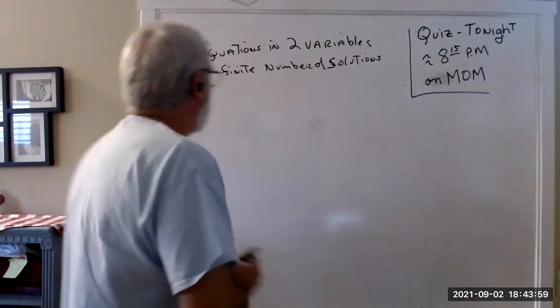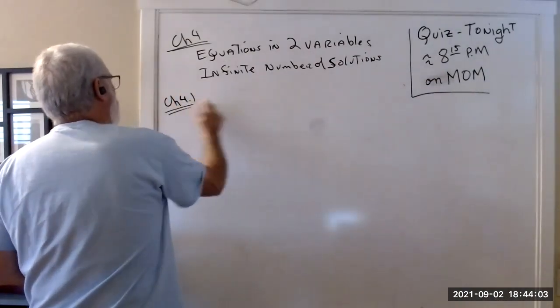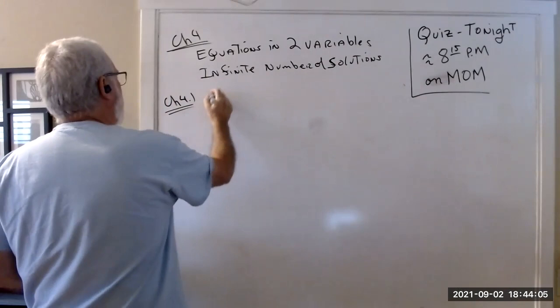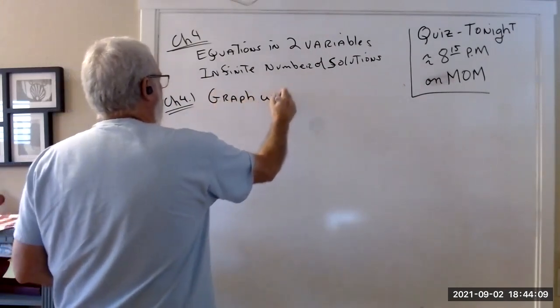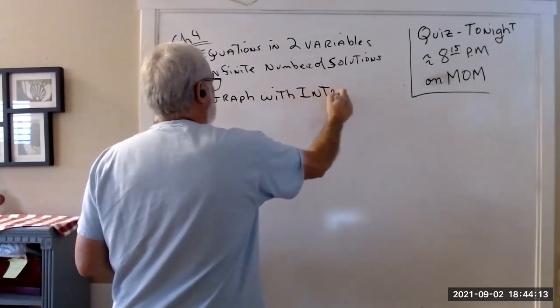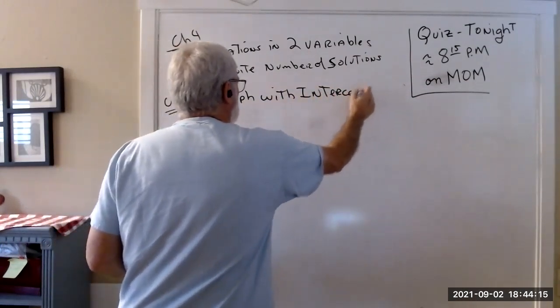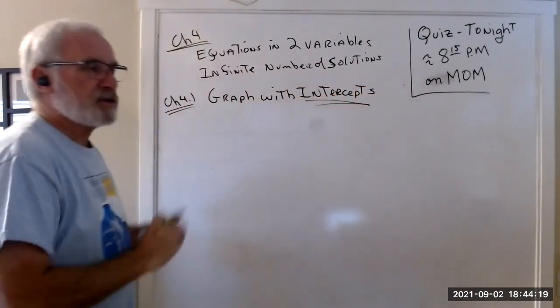Yeah. In chapter 4.2, we talk about graphing with intercepts. Now, in my opinion, this is the best way.